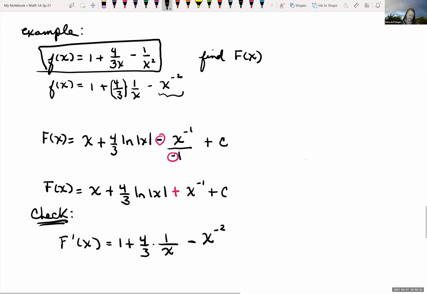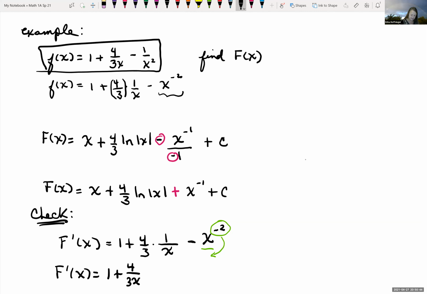And right away, I noticed that this is the exact same thing because I could make this exponent positive by bringing it down into the denominator. So the derivative of our antiderivative is 1 plus 4/3x minus 1/x².